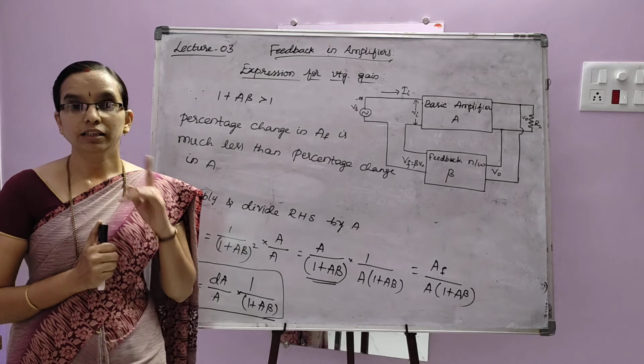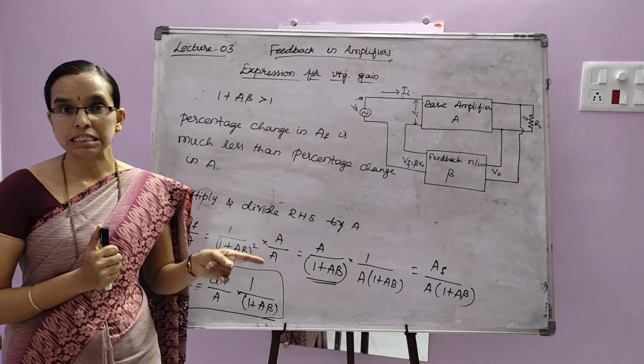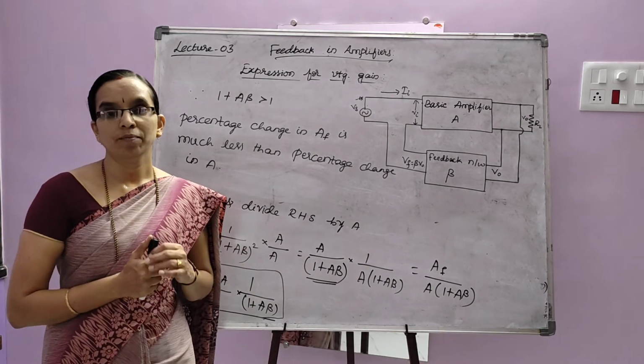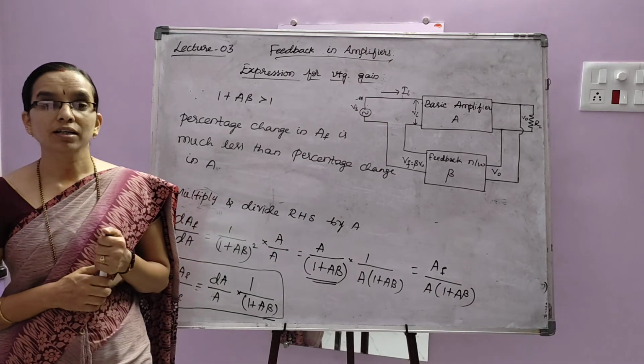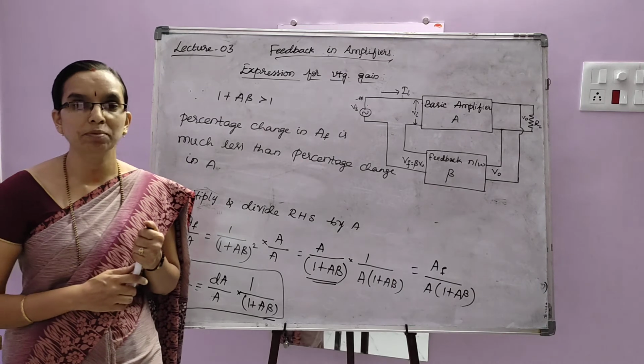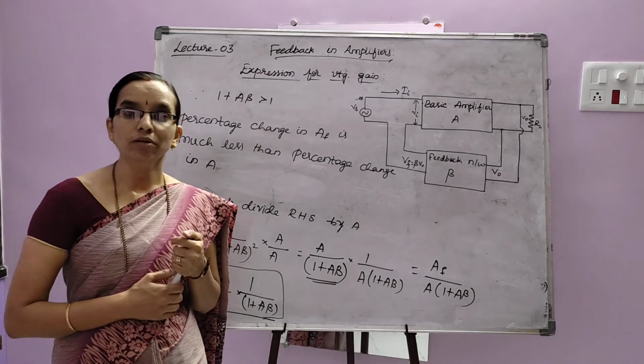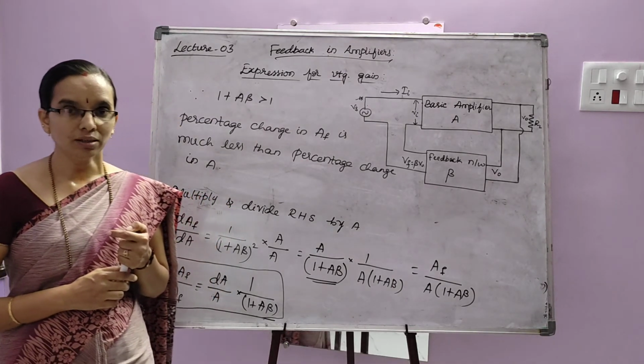That means the change in AF is much less than the change in A. Therefore, we can say in feedback amplifiers the gain is more stable compared to non-feedback amplifiers.